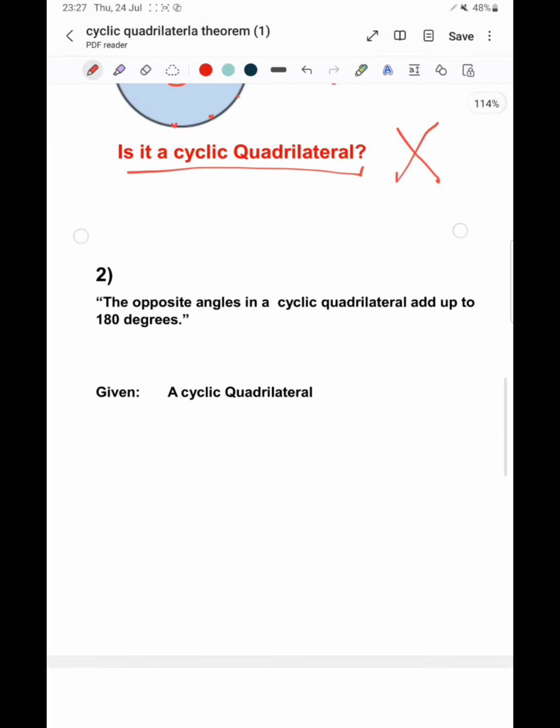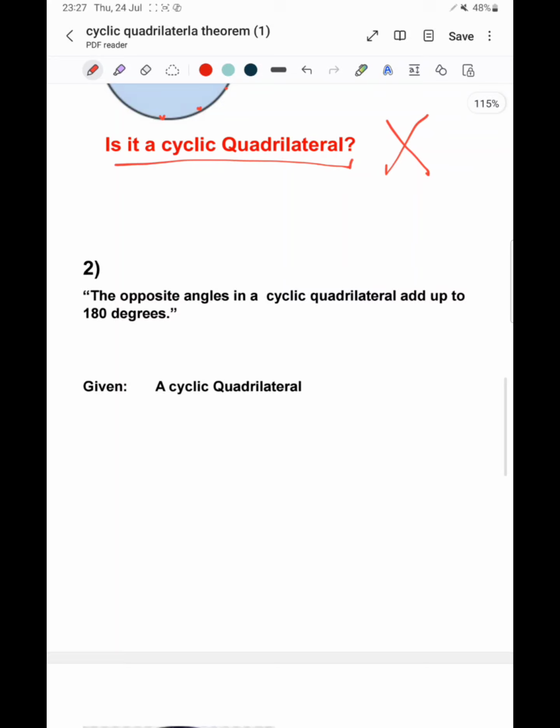Now we have the next part of our video: opposite angles in a cyclic quadrilateral add up to 180 degrees. We have to prove this theorem.